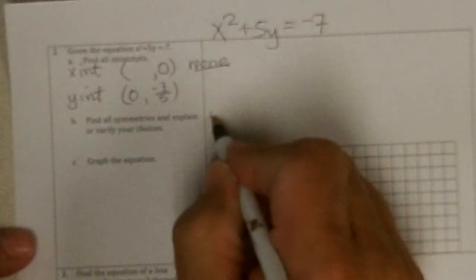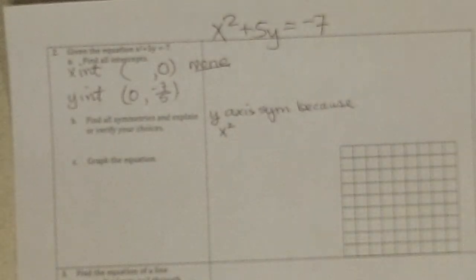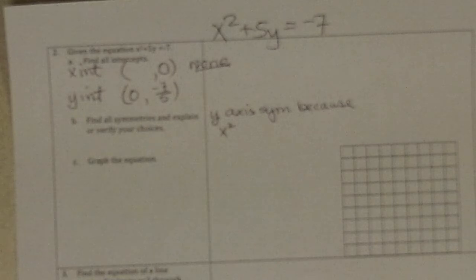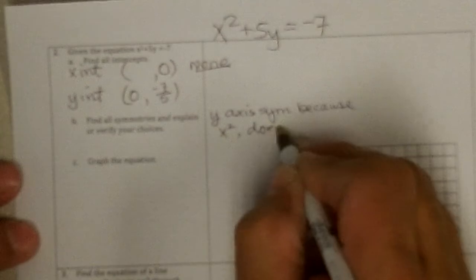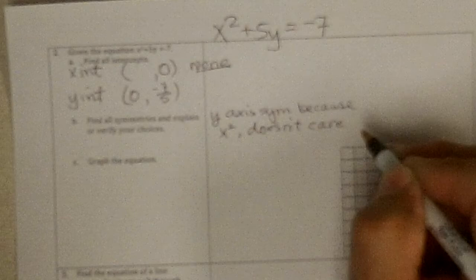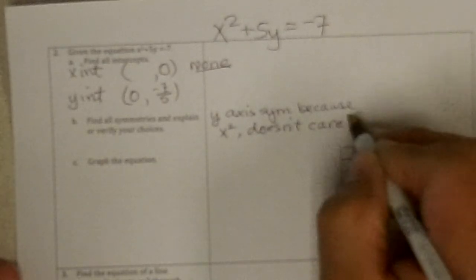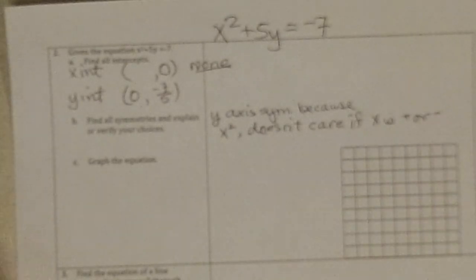So this has y-axis symmetry because x is squared. In other words, it doesn't care whether x is positive or negative.